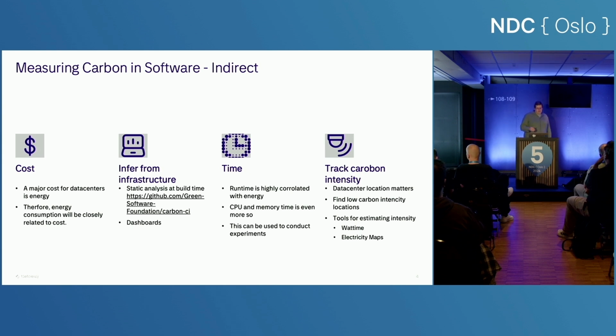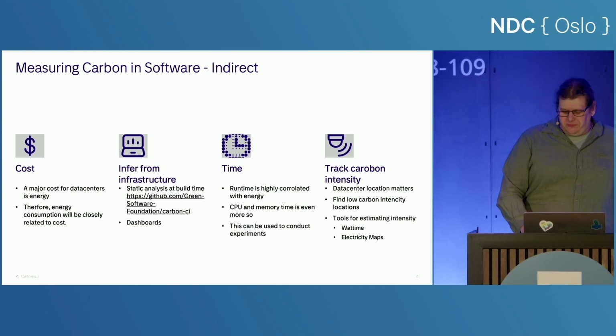And there are ways you can do that. What we're going to look at today is very simple experiments with time, because runtime is highly correlated with energy use in software. But there are also much more advanced ways we could go about this.